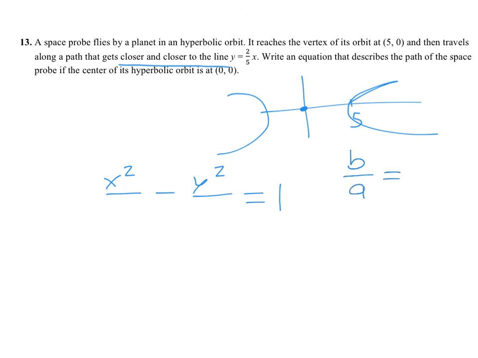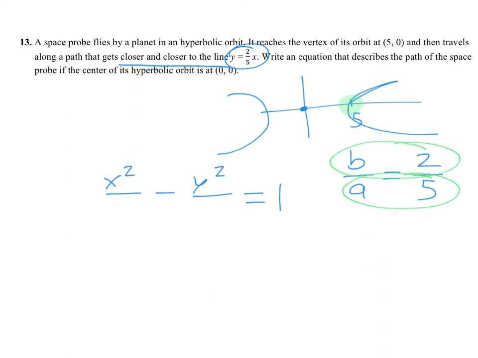We know that b over a has to equal 2 over 5 based on the equation they gave. And we also know that a is in fact 5 because the vertex is 5 units from the center. So if a is 5, b has to be 2.